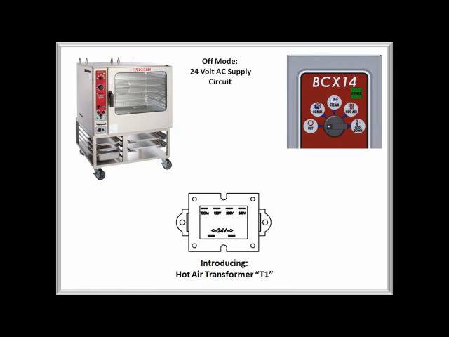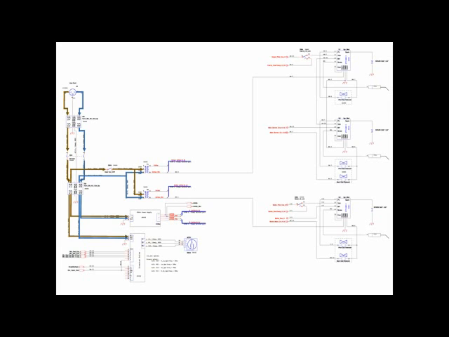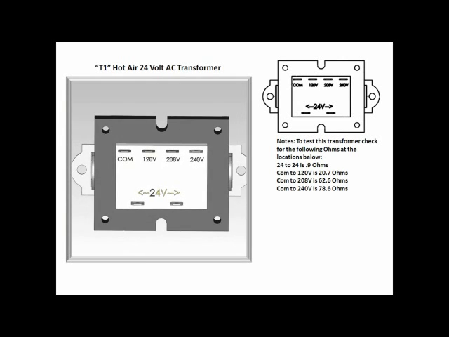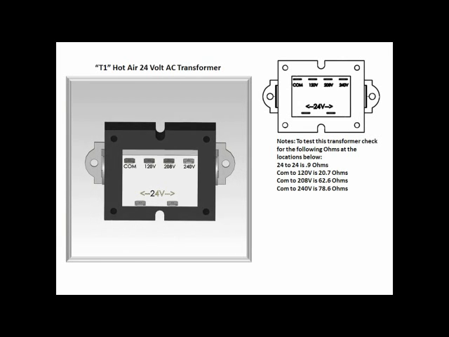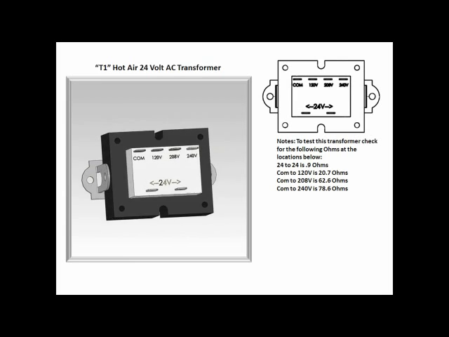The hot air transformer is labeled as T1 on the diagram. It is fed 115 volts AC by the heat cutoff switch. When T1 is powered, it creates the 24 volt AC supply for the hot air circuit.